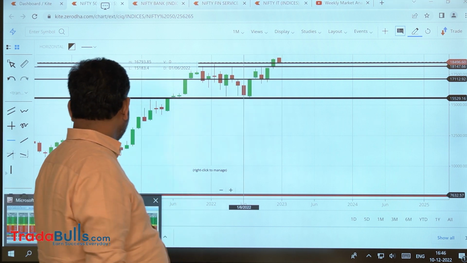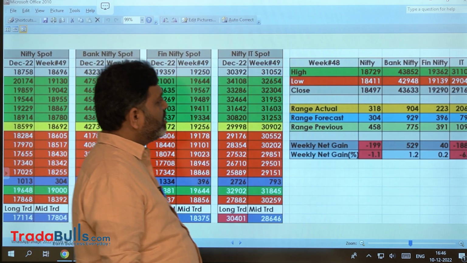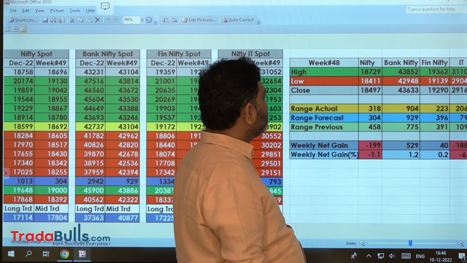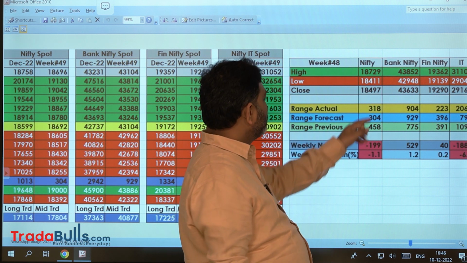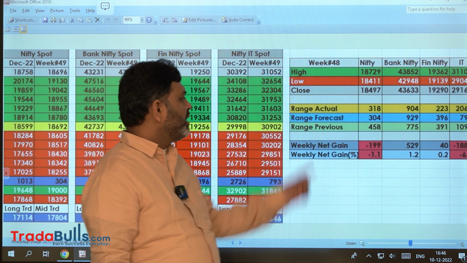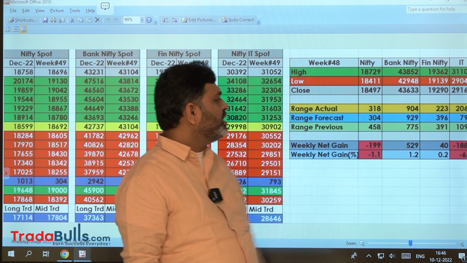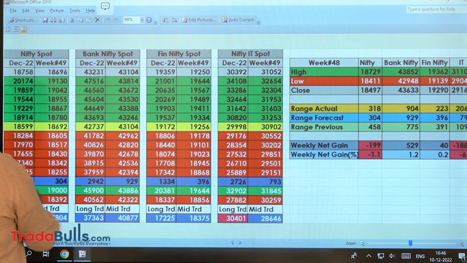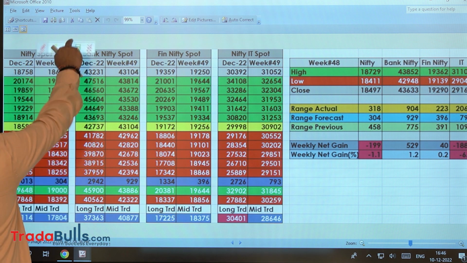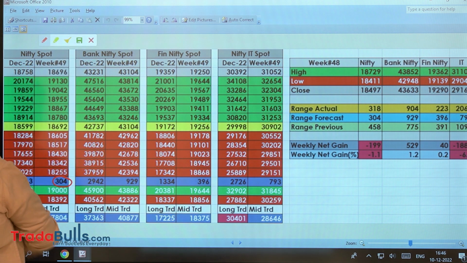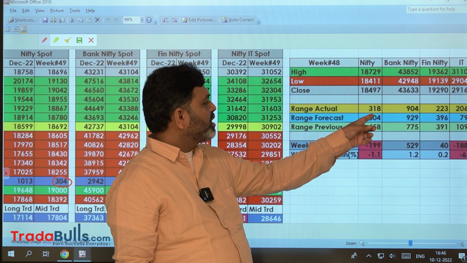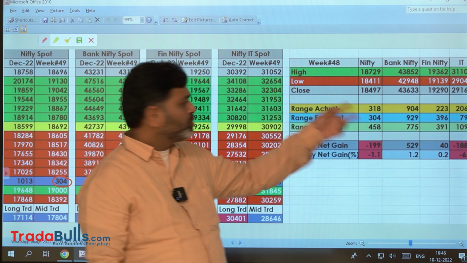Looking at the statistics, last week high was 18,729 and low was 18,411, and the actual range formed was 318 points, and our previous forecast was 304 points. When we did our last weekend analysis, we anticipated about a 304 point range in Nifty, so the actual range and anticipated range were almost the same.